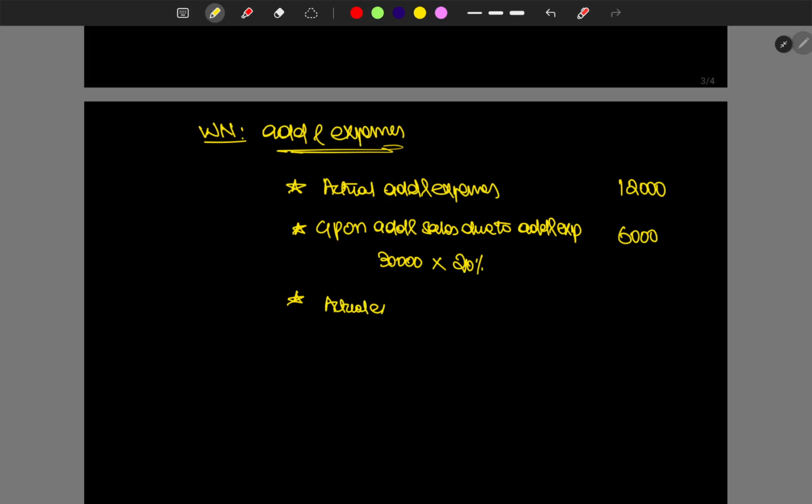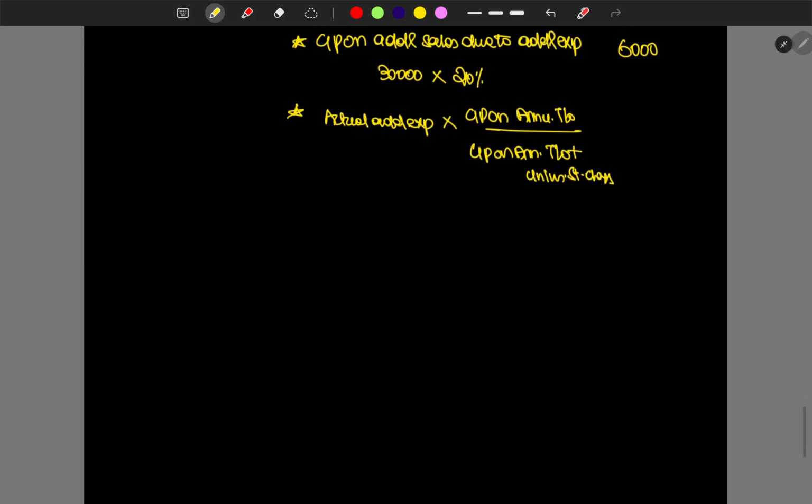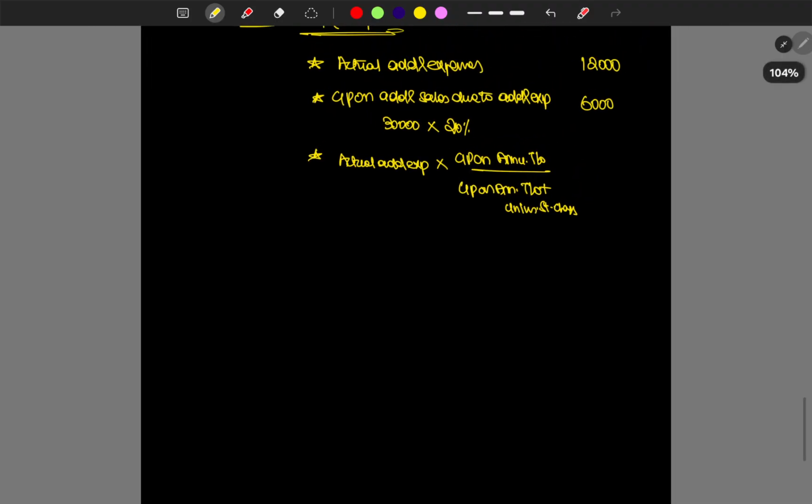The third one is actual additional expenses into GP on annual turnover divided by GP on annual turnover plus uninsured standing charges. What's the GP on annual turnover?